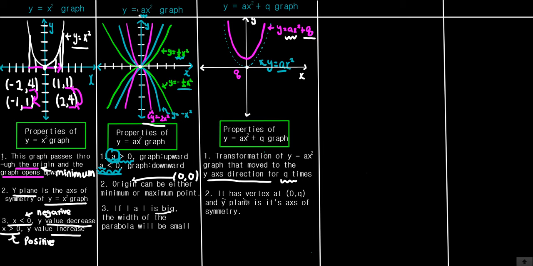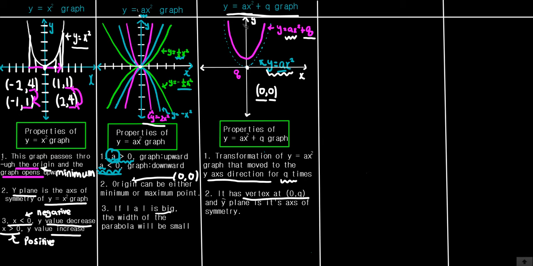The second property is that the graph of y = ax² + q has its vertex at (0, q), and the y-axis is its axis of symmetry. The reason it has vertex (0, q) is that the graph is a transformation of y = ax² in the y-axis direction. For the ax² graph, the origin can be either the maximum or minimum, and I will call the origin (0, 0), where the x value and the y value are both 0.